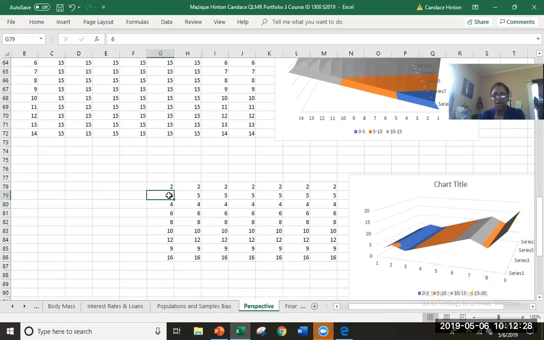Oh, no, I didn't do the 3. You see how that flattened out? But if I take it back to 5, then it raises it. It makes it like a little ripple effect.